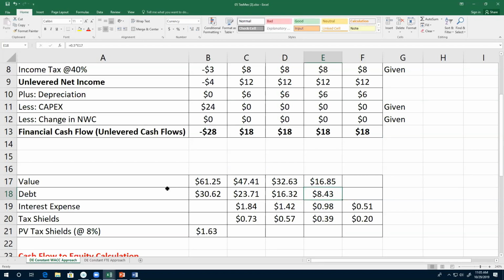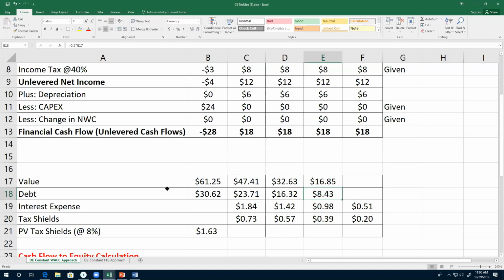Right? Since your debt to equity ratio is being maintained, your debt level will need to change in order to maintain that ratio. So I'm deducing those debt levels. And why am I doing that? Because once I know the debt levels, I can figure out my interest expenses. And if I can figure out my interest expenses, I can figure out the interest tax shields. So that's what I'm going with next.